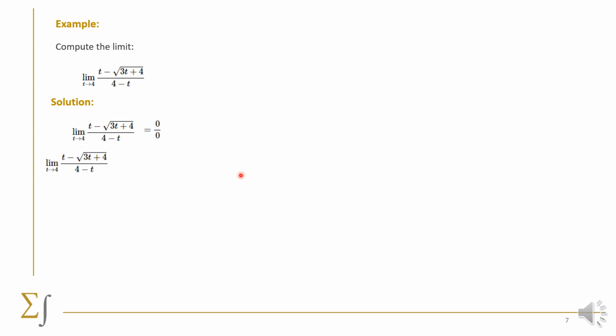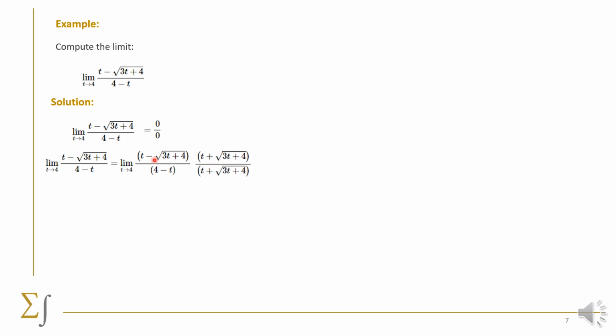Further we go and we see more examples. Compute the limit of t minus the square root of 3t plus 4, all over 4 minus t. Direct substitution shows that we'll get 0 over 0 whenever we plug in 4 for t. So we need to cancel the 0 factor. In order to do this, whenever we have a square root, we always think of the conjugate. So we multiply and divide by the conjugate.